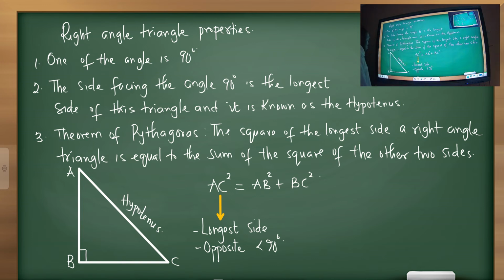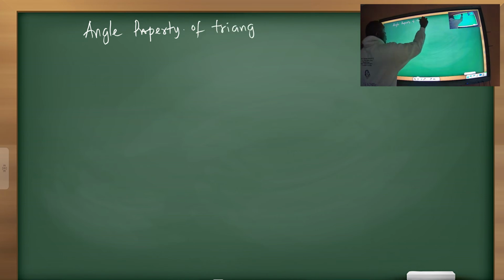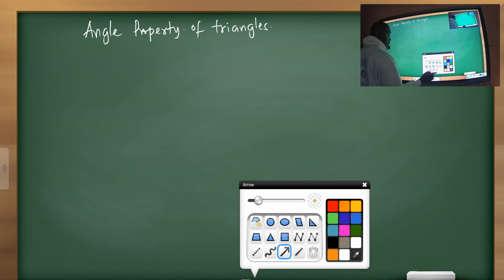Let's quickly look at another property when it comes to angles. Already we said the sum of the angles should be equal to 180 degrees. All right, angle property of triangles.